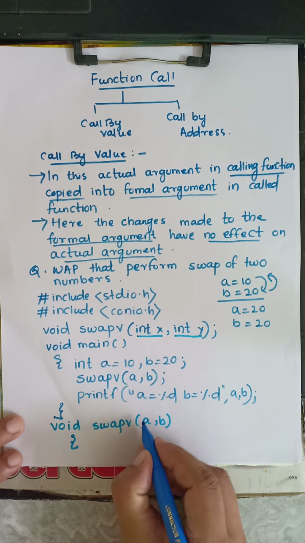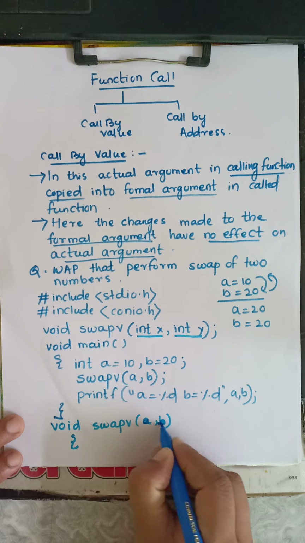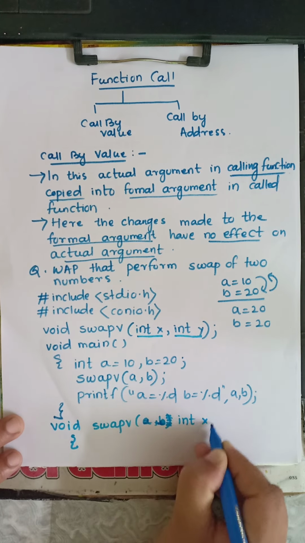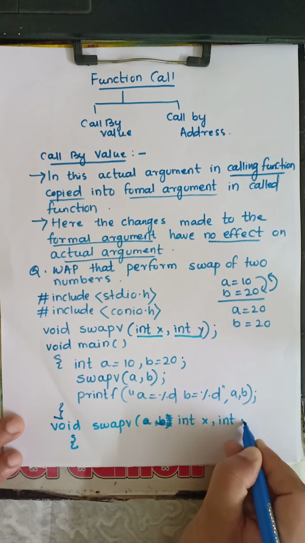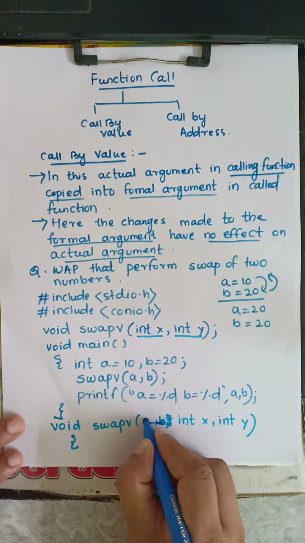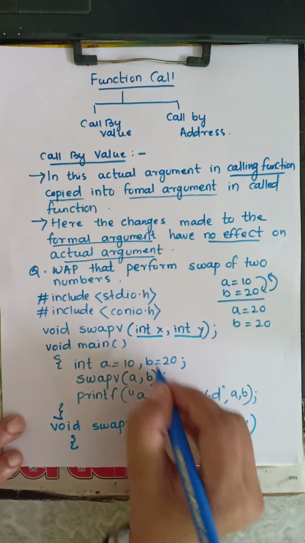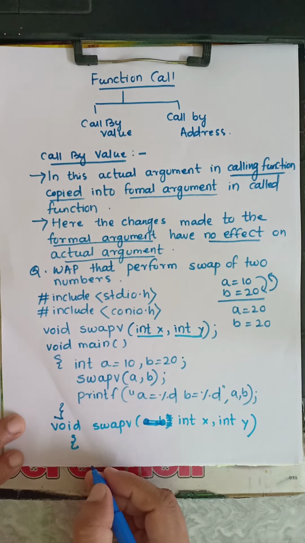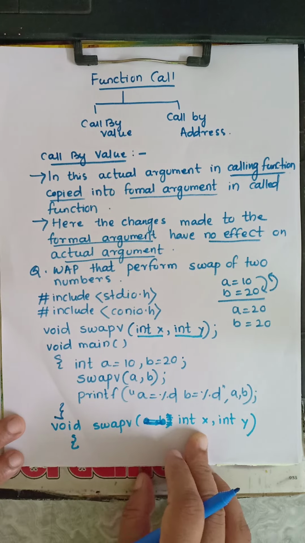Int x, int y, not a and b. If I write a and b here, that is wrong, because in the function declaration part we are using this type of declaration. Now I swap the numbers here.